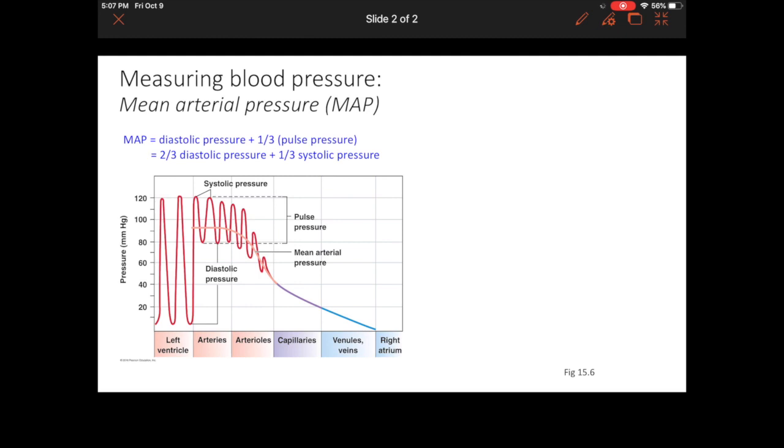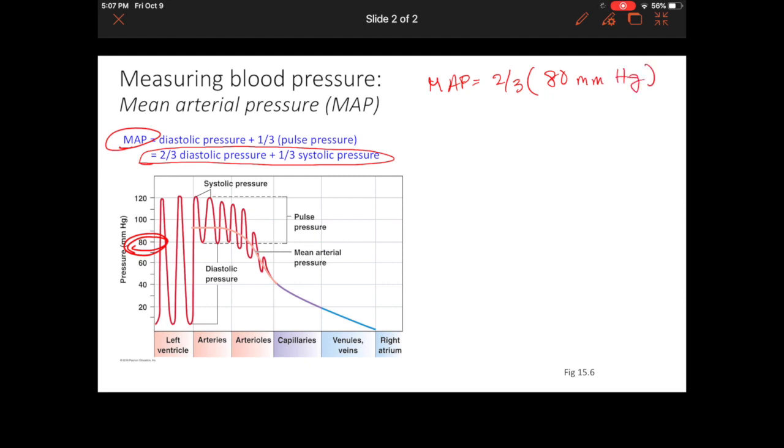Okay, now let's calculate MAP using our other method, which is this formula right here. MAP is equal to 2/3 diastolic pressure plus 1/3 systolic pressure. Our diastolic pressure is 80 millimeters of mercury. Our systolic pressure is 120 millimeters of mercury.